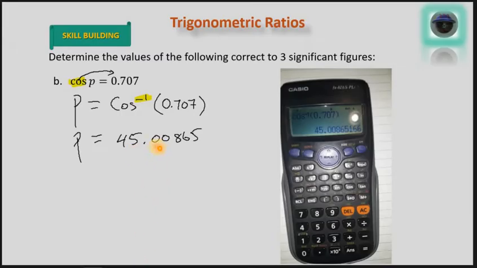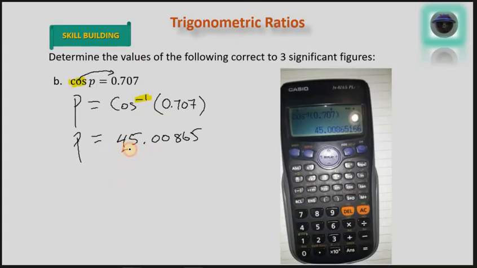And by the way, zeros in between 2 significant figures are significant. All non-zero digits are significant. So this 4 and 5 are significant, and this 865 are also significant. So these zeros in between them will also be significant. That's another way of looking at it. But nevertheless, as long as we have significant figures before, the 0 after the point will be significant.